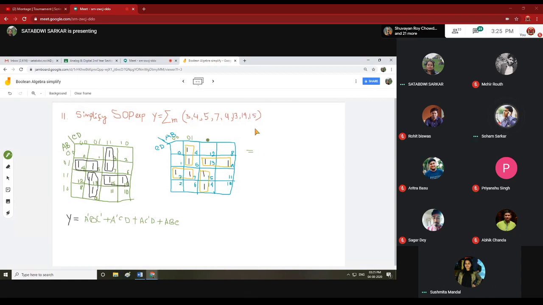A bar B. A bar B and C is not changing, D is changing. So C bar. A bar B and C bar. A bar B C bar. Good. Now for the next value.